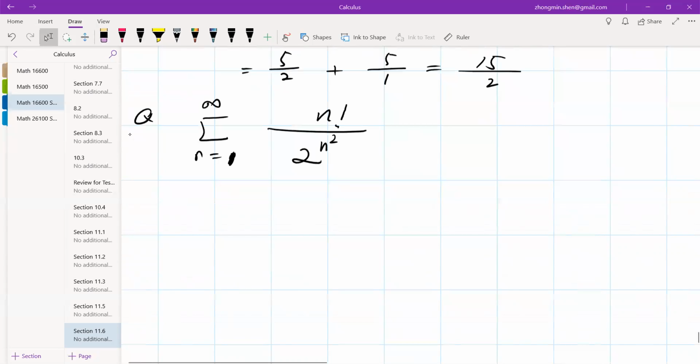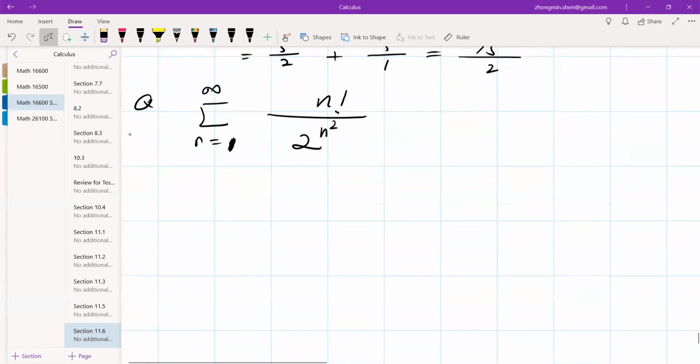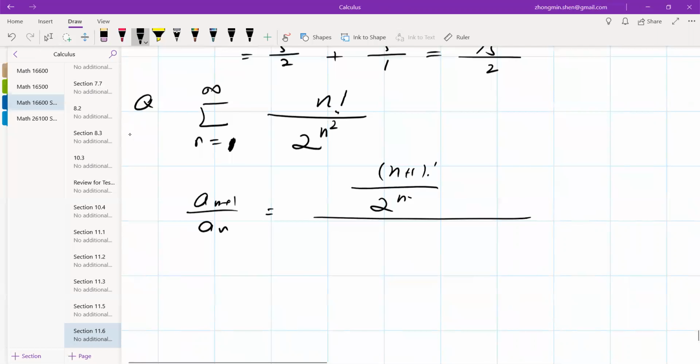Maybe it's convergent because 2 to the n squared grows slightly faster than the exponential function 2 to the n. So I'm going to try two different methods. Is the ratio a_(n+1) over a_n? I see the limit. It's a little bit complicated, but don't give up.